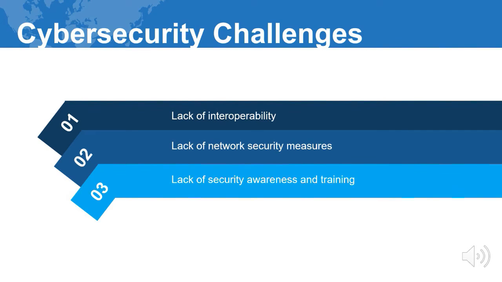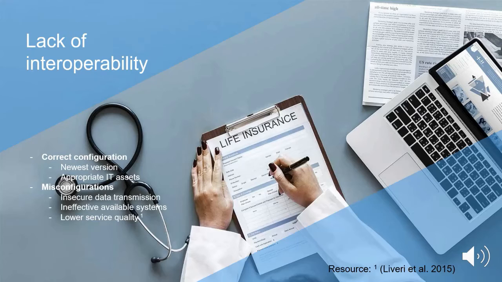There are three challenges raised from the implications that might affect the three layers of the healthcare organization's architecture directly or indirectly. First is the lack of interoperability. A correct configuration of medical systems is key for healthcare organizations' interoperability to be effective. Thus, it's essential for healthcare organizations to keep up with the right IT assets and the newest version of software.